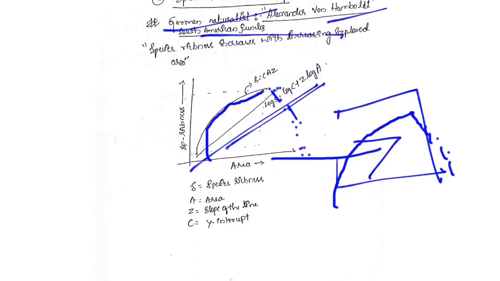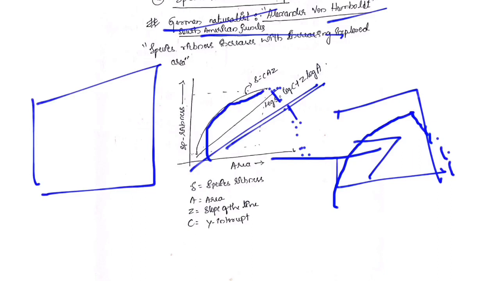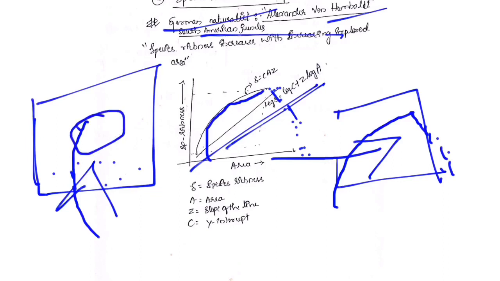Here is a small observation which becomes simple for understanding. Suppose you enter a habitat, a forest. At the entrance of the forest, the number of species will be more. As we enter still inside, at the exact center of the forest, the species richness is highest. Many species are present at the center.